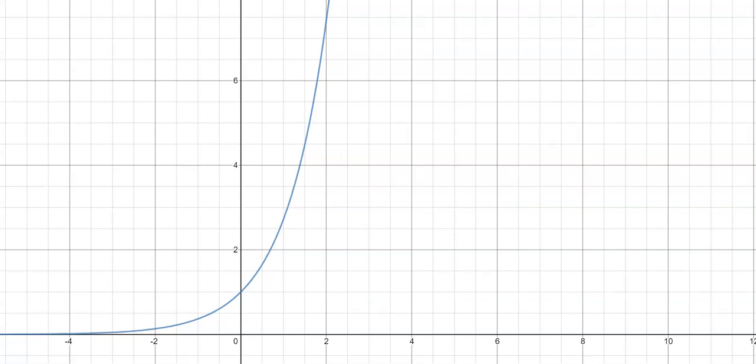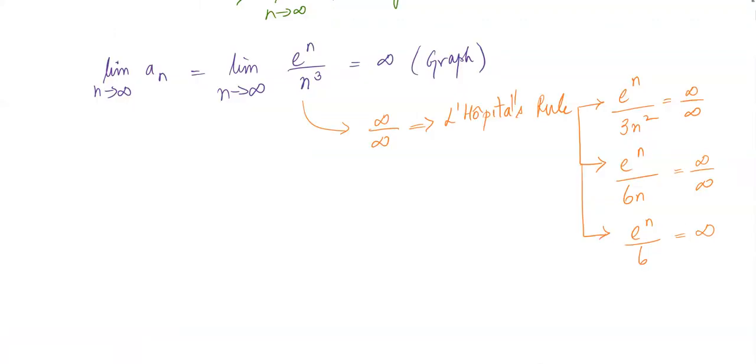You can recall from your exponential lessons that this is what happens. Come back here and you can see that that's another way to establish that the answer will come out to be infinity. You can use the graph, or analytically you could use L'Hopital's rule and get that same information.